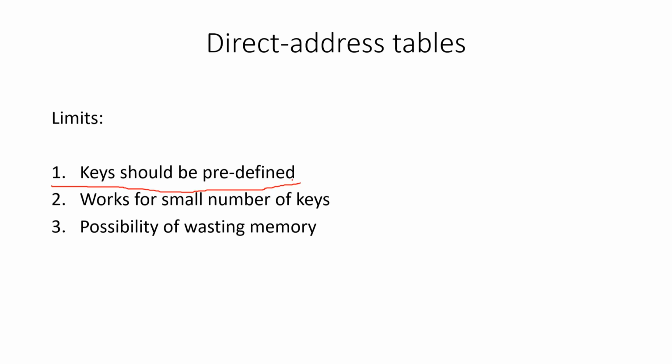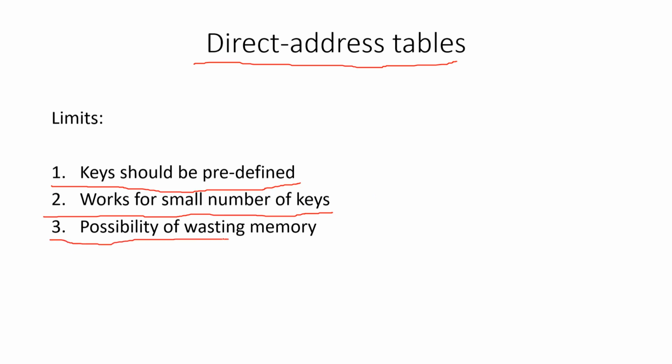And usually it's not practical, it's not convenient. The next limit is that it works for a small number of keys, because usually we don't know how many keys we have. But if you want to use a direct address table, you need to predefine how many keys you are going to use, and it also puts some limits on the usage of this data structure.